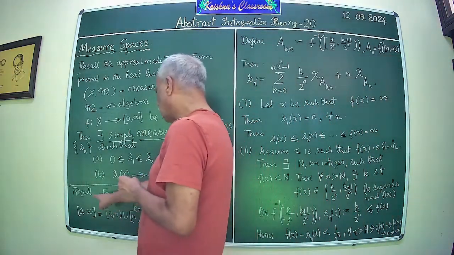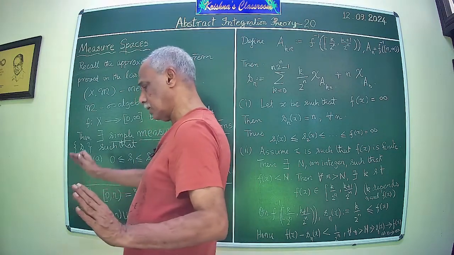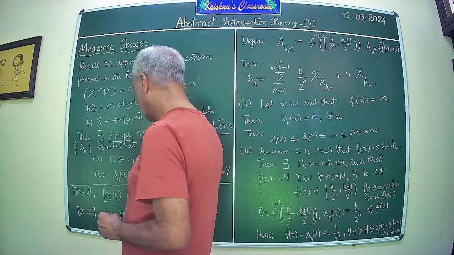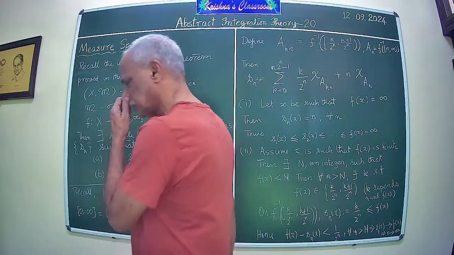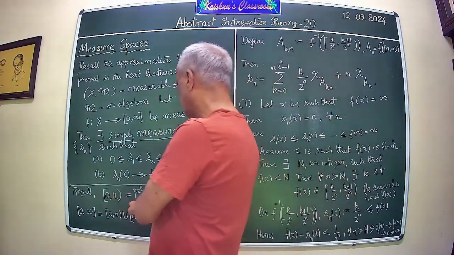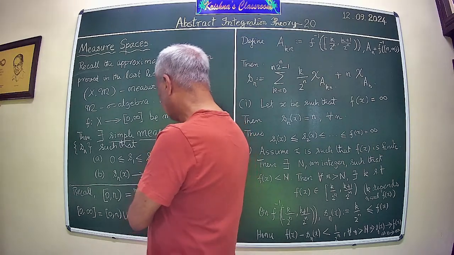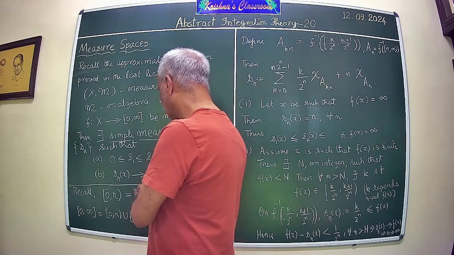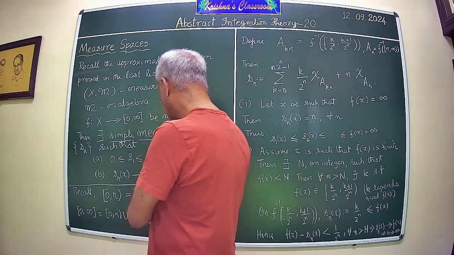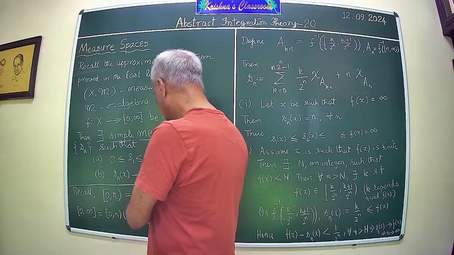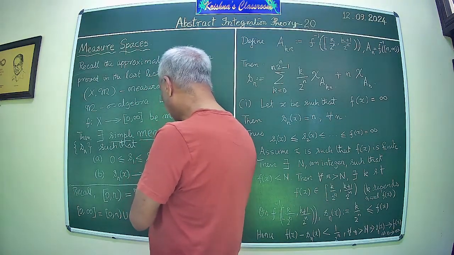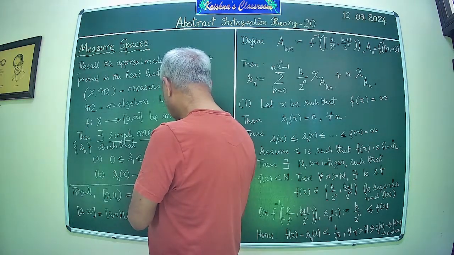So recall that we split the interval 0 to infinity as [0, n) and [n, infinity). Then the interval [0, n) is written as the union, k equal to 0 to n·2^n − 1, of the intervals [k/2^n, (k+1)/2^n).